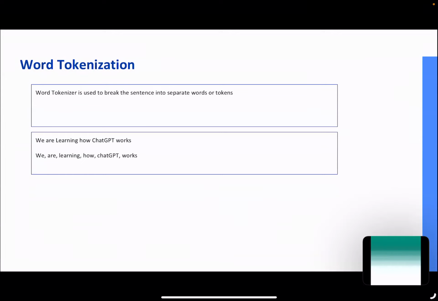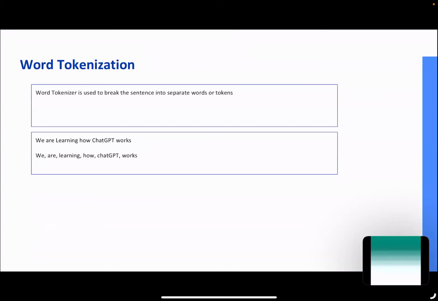Based on the problem or the scenario that we are going to solve and what we are using NLP for, one major step in the NLP process is performing tokenization. So what is tokenization? After dividing the paragraph into sentences, the next step is to divide each sentence into words, and each word we can name a token.